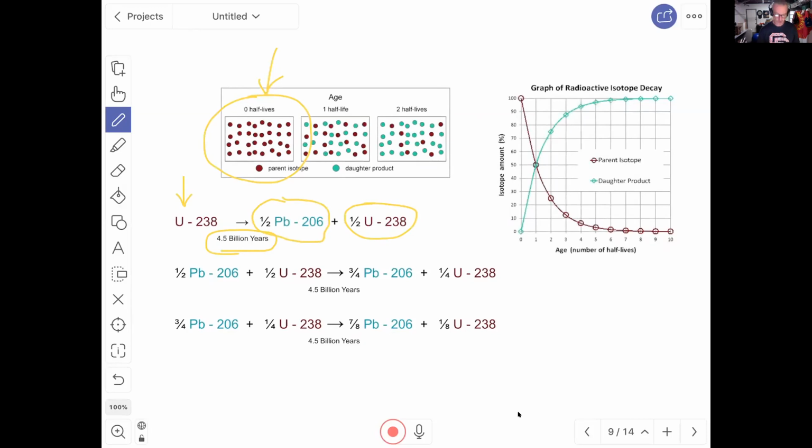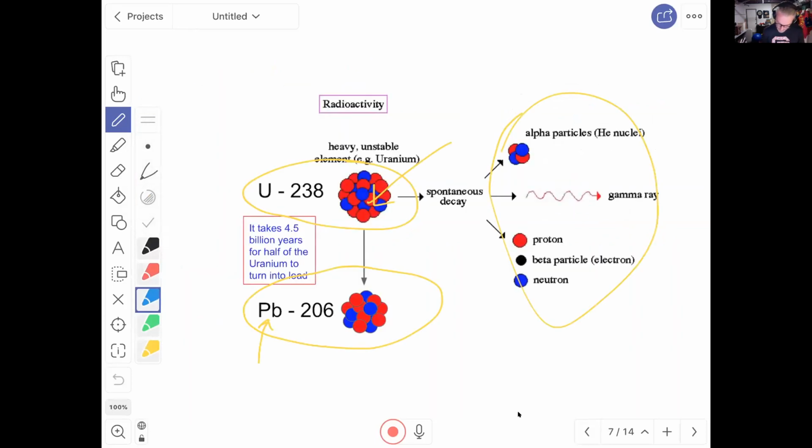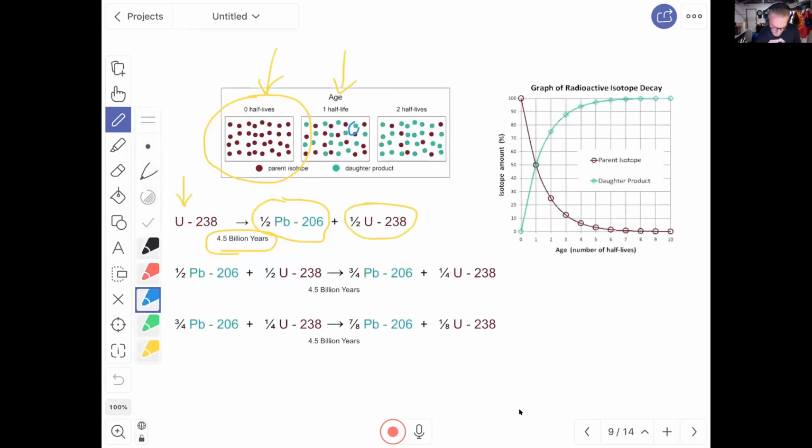So if I took this rock and I measured it here, I would know how old that rock is. You can see that these little teal-colored dots, those are all lead.